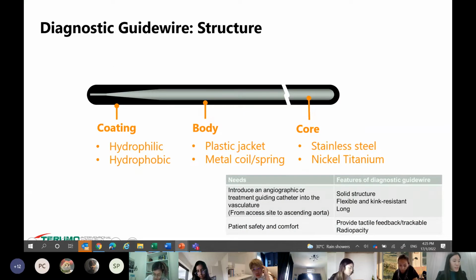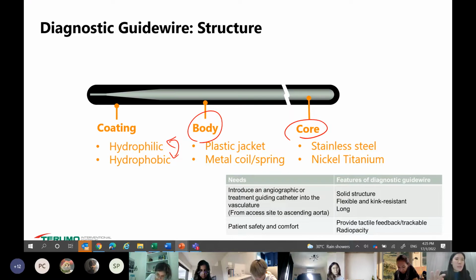A diagnostic guide wire is basically designed to have three main structures. The core, which is made up of a kind of metal, and the body, which is a plastic jacket or metal coil or spring, and also a kind of coating. It can be hydrophilic or hydrophobic. There are a lot of device properties that you can learn, and there's always a give and take when you choose these materials and options.